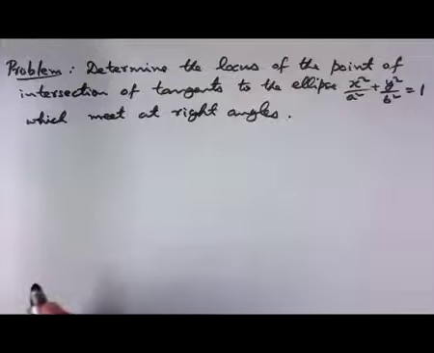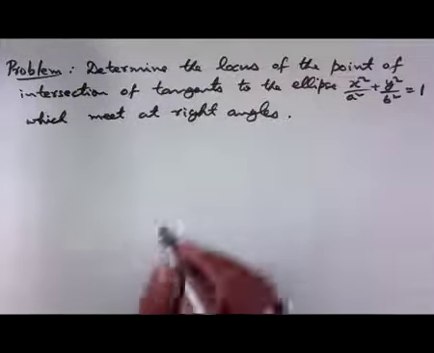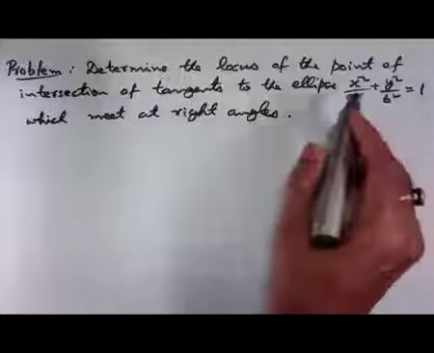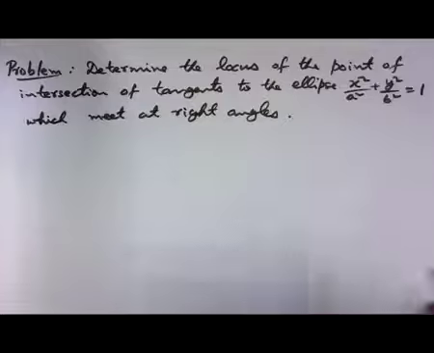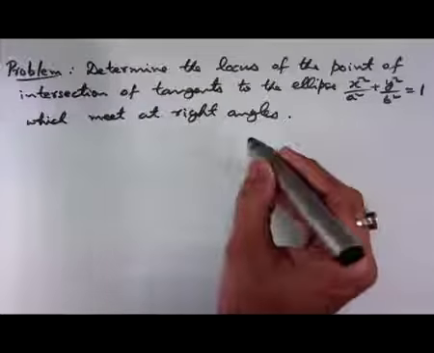So, what we want is to determine the locus of the point of intersections of tangents which meet at right angle.